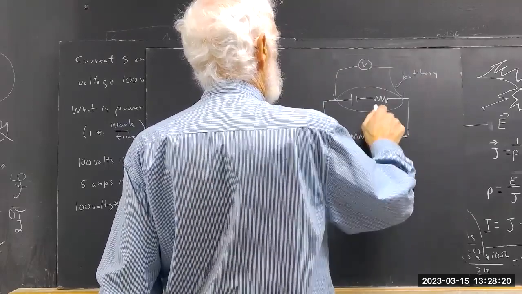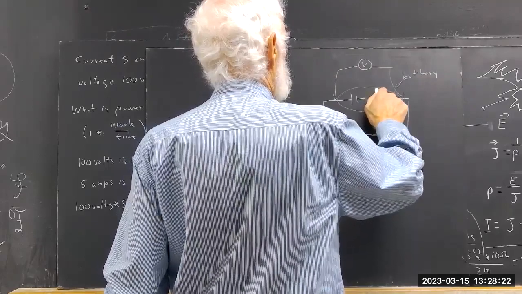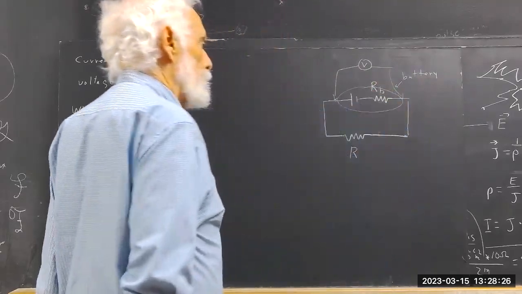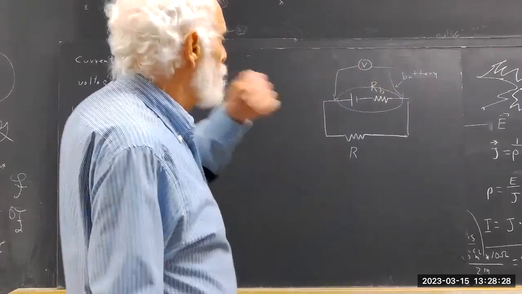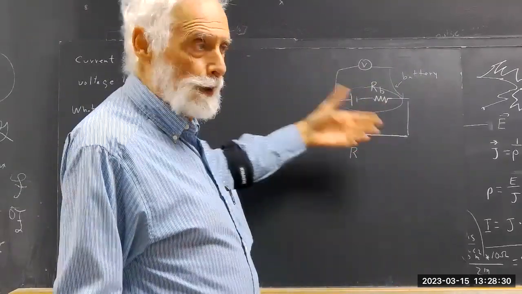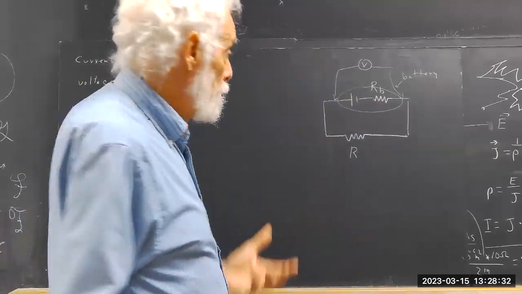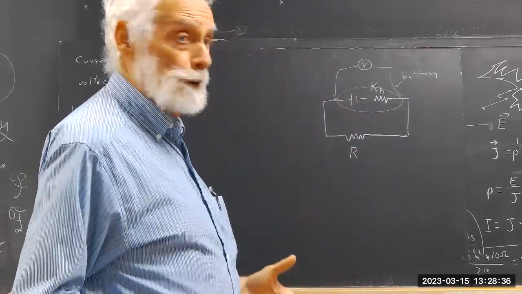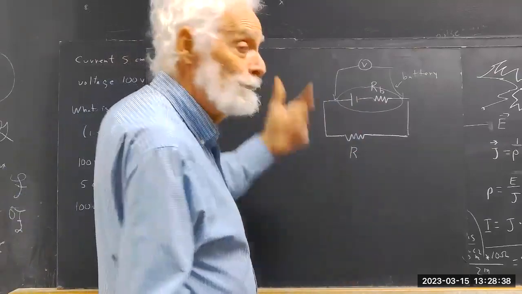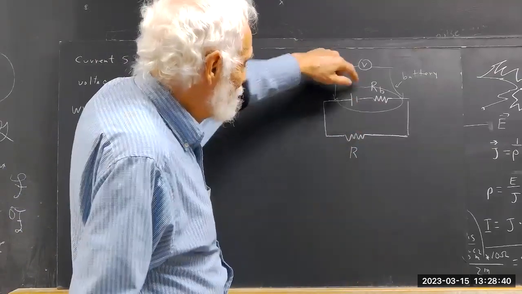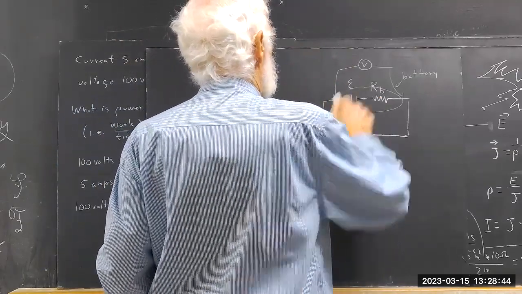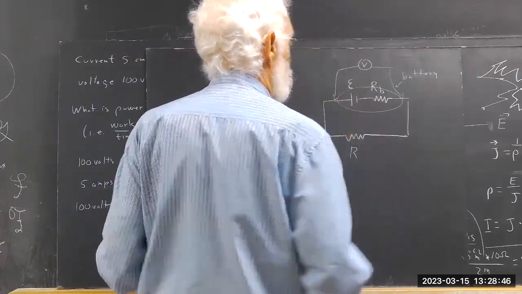Let's call this R. And call this one R sub B, called internal resistance. I could use R sub I or R internal or something of that nature. I don't want to use R sub I because you're seeing a lot of sub I's in calculus right now. So we got this, and we got some source of EMF here.